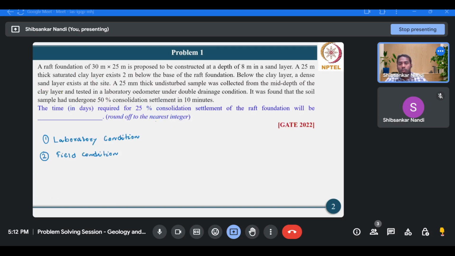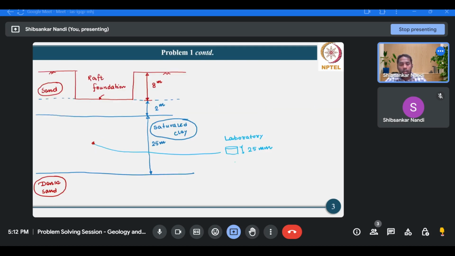Now it was found that the soil sample had undergone 50% consolidation in 10 minutes.